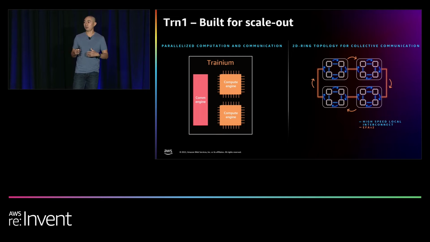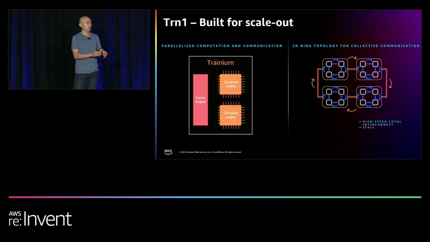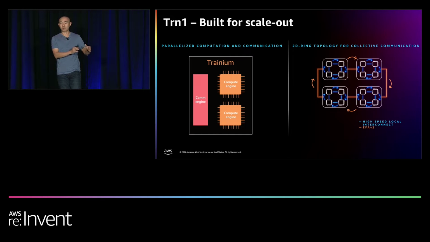And we've done a lot of innovation to improve the performance of collective ops. Within the chip, there are two types of engines. There's one called communication engines, separate from the compute engines doing the actual compute work. So your communication tasks and computation tasks are running in parallel. And this helps to improve the speed and convergence of your training through collective ops.